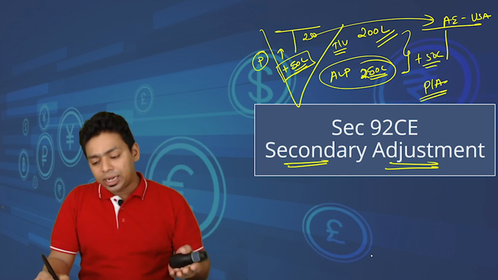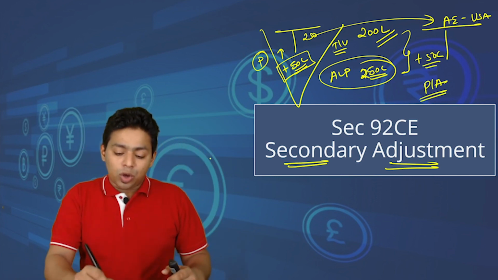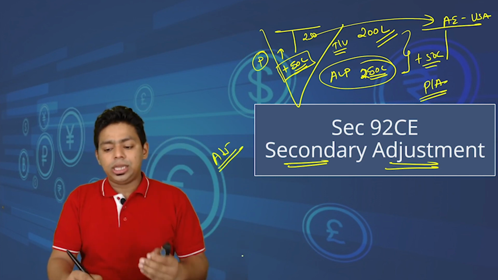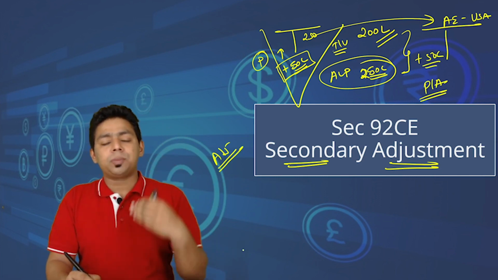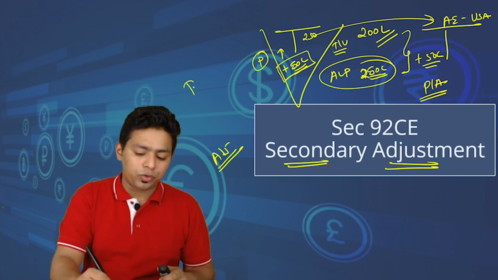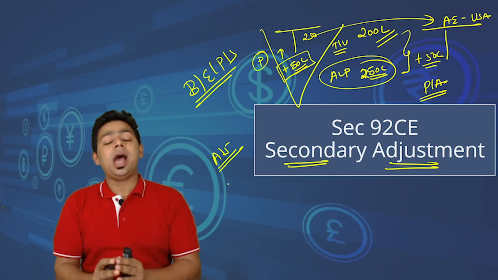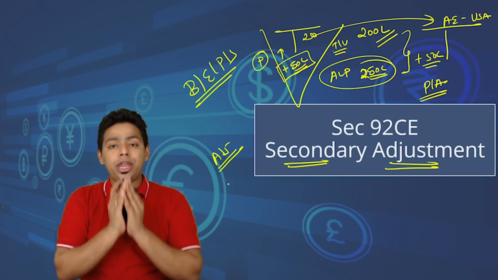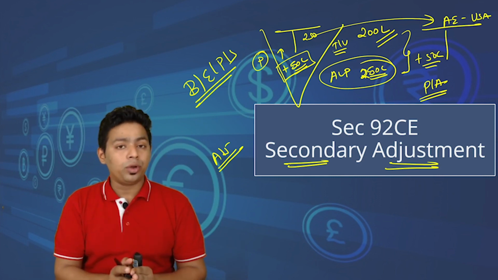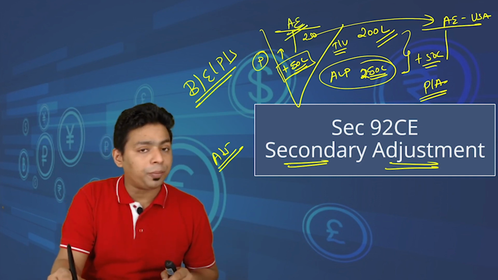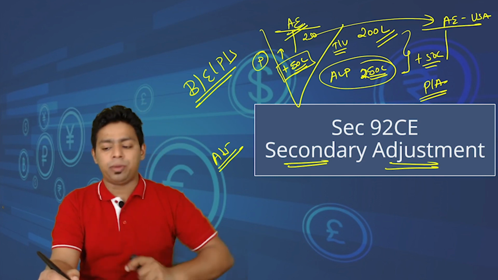Then what do you mean by secondary adjustment, sir? So Arun Jaitley, sir, in the 2017 budget, he said, see, because of your tax manipulation practices, because of your base erosion and profit shifting practices, India has lost a very good amount of revenue. And we are requesting you as an associate enterprise, you, not the government, we don't want that money.